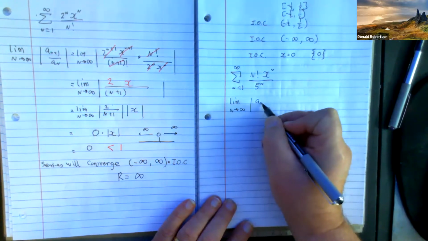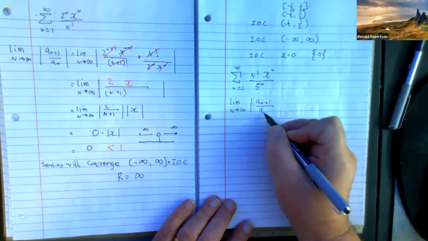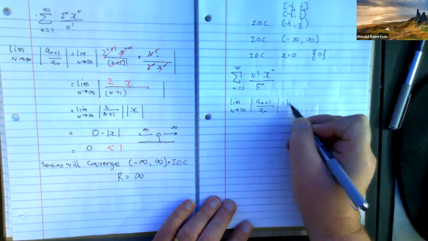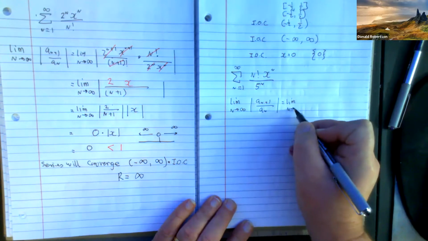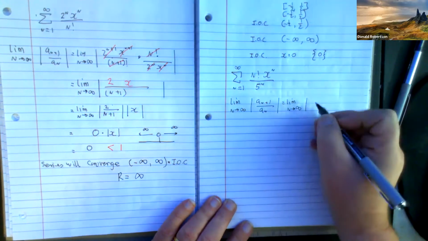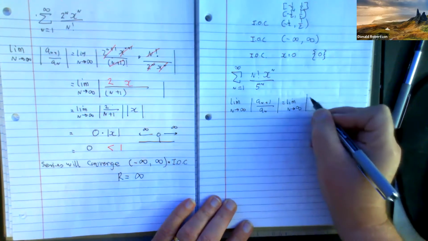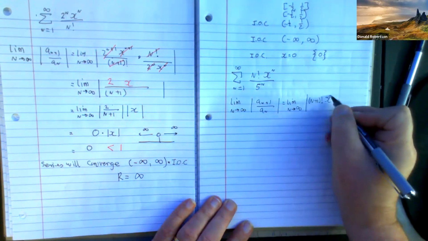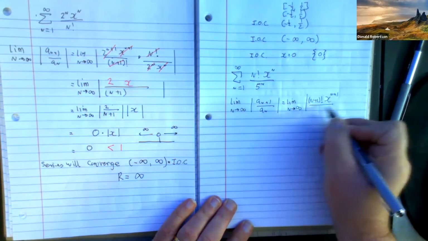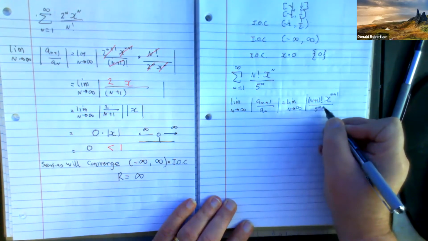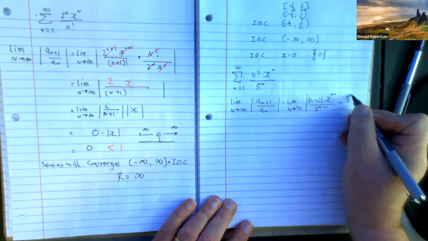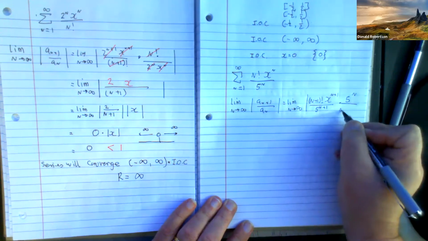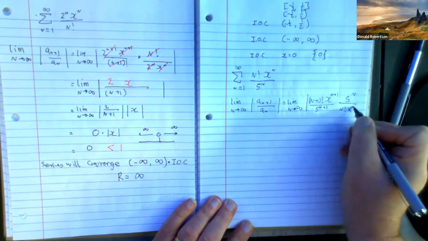We'll do the ratio test. So it's the limit as n tends to infinity of n plus 1 factorial x to the n plus 1 over 5 to the n plus 1. Turn me upside down: 5 to the n over n factorial x to the n.